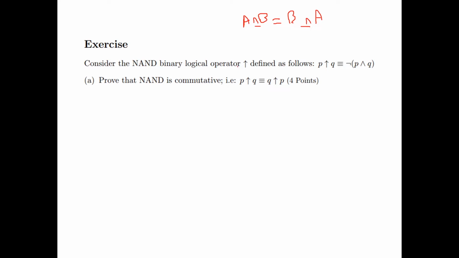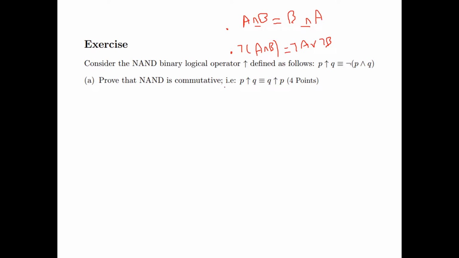Here we want to prove something else, that the NAND is commutative. Another rule you might have is De Morgan's. So if you have not (A and B), that's going to give you not A or not B.